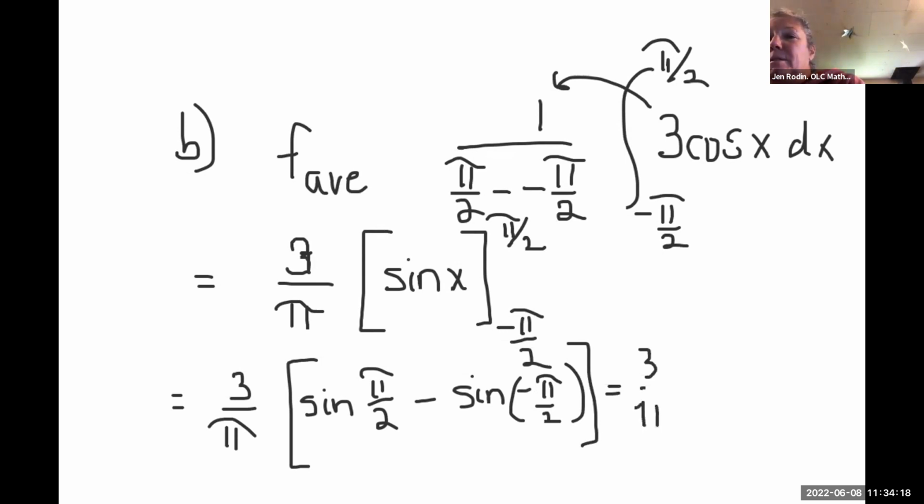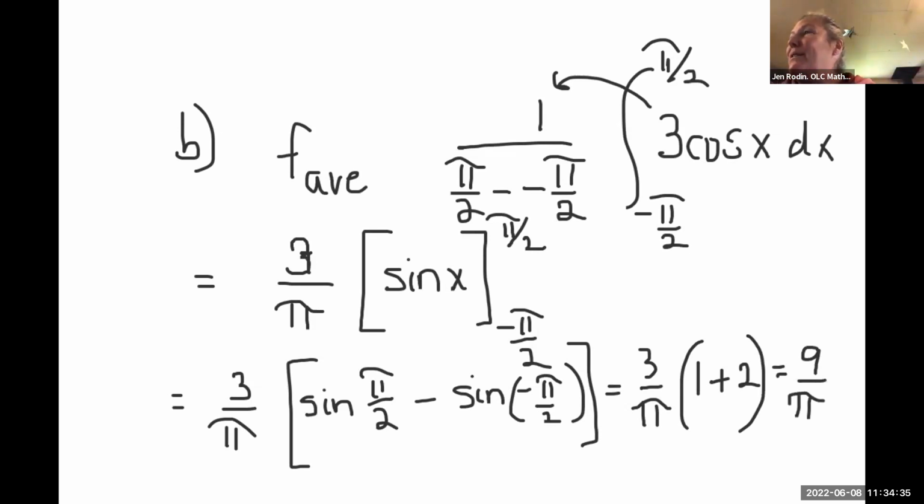So it's going to be 3 over pi times 1 minus -1. Whoops. Yeah, that's right. 1 minus -1 is 2. So 3 times 3, 9 over pi. That'd be the average value of that bad boy there.